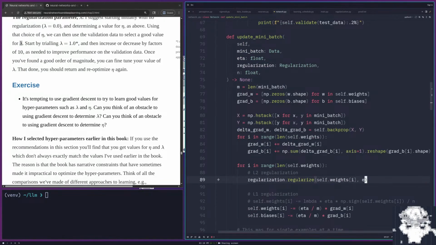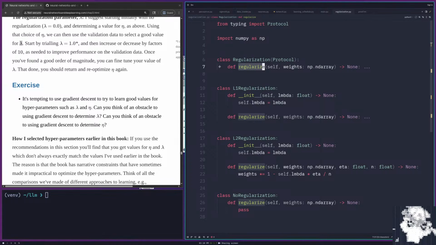Regularize weights, eta, n. What's the problem with this?